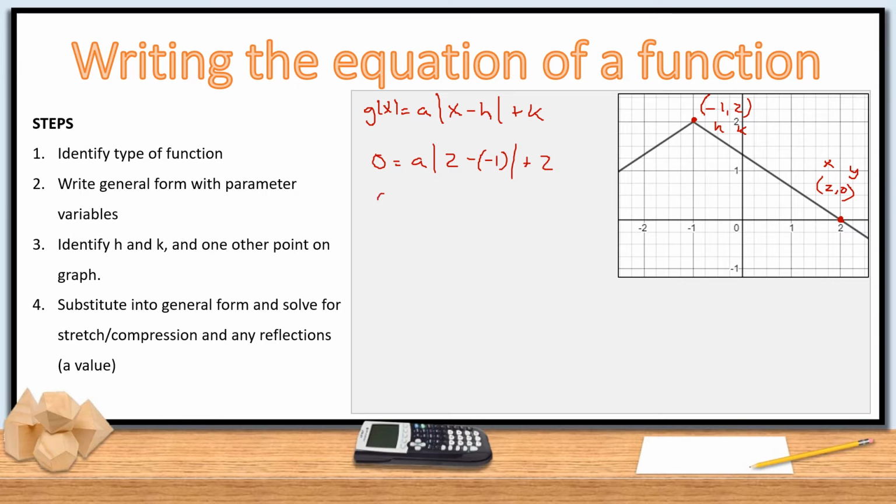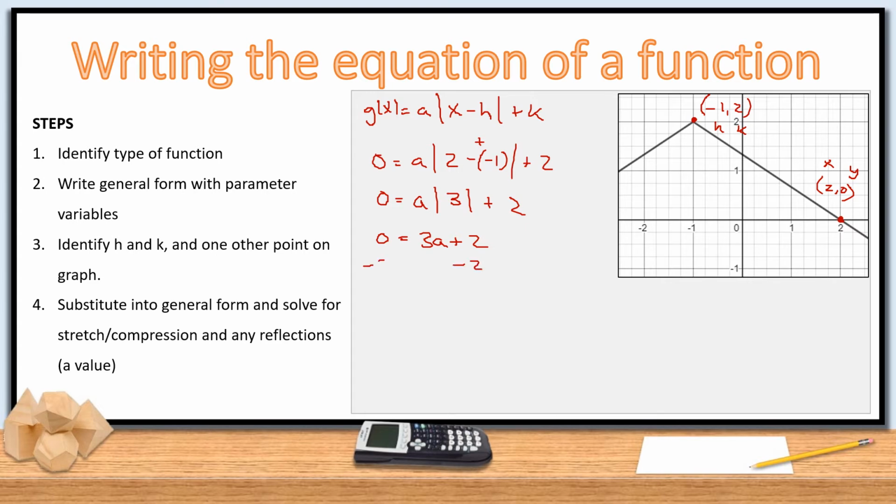All right, so simplify that down. 0 equals a times absolute value of 2 plus 1, so absolute value of 3, plus 2. The absolute value of 3 is just 3. Remember, absolute value is the positive value, the distance from 0. So this will be 3a plus 2.